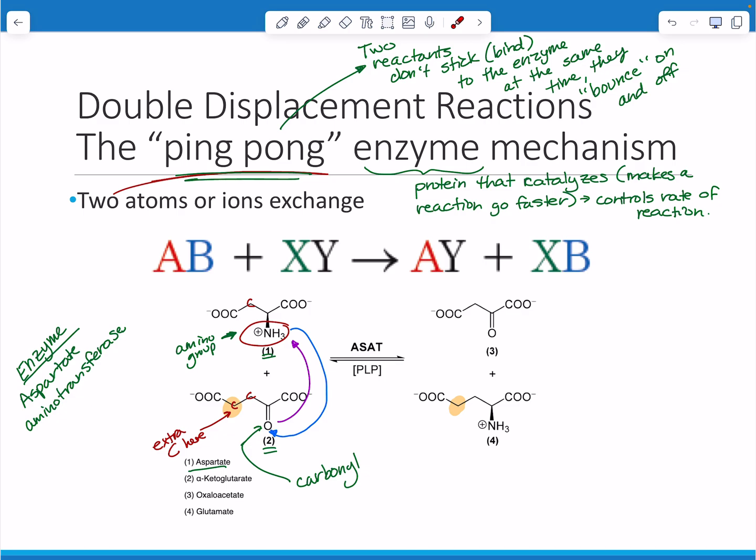So if the levels of this are too low or too high, you know there's some type of malfunctioning in the liver. Also, just a quick note, this is a molecule called glutamate. If you've ever heard of MSG, monosodium glutamate.